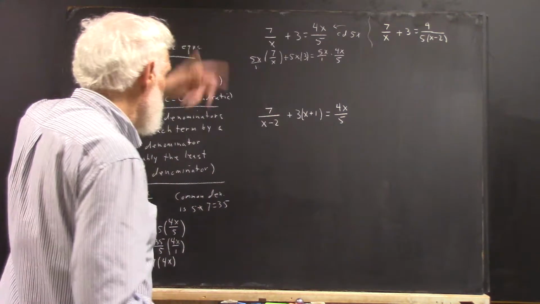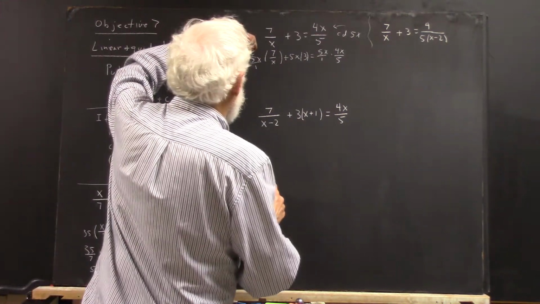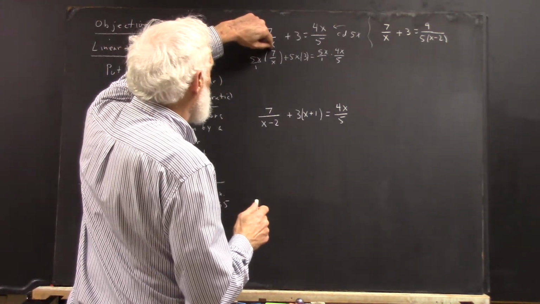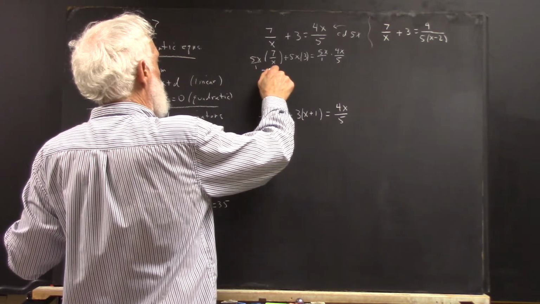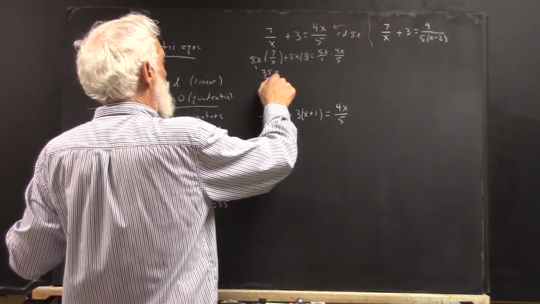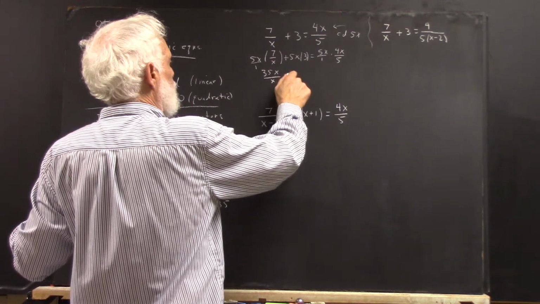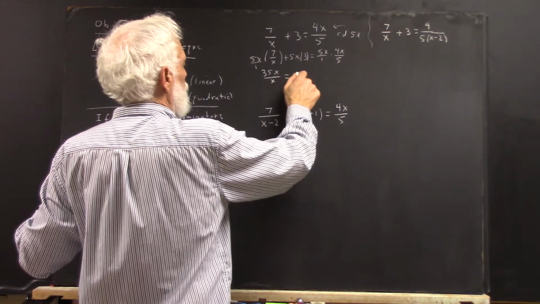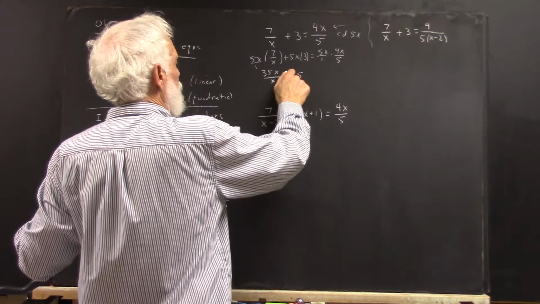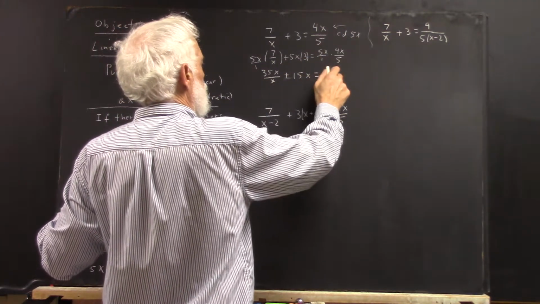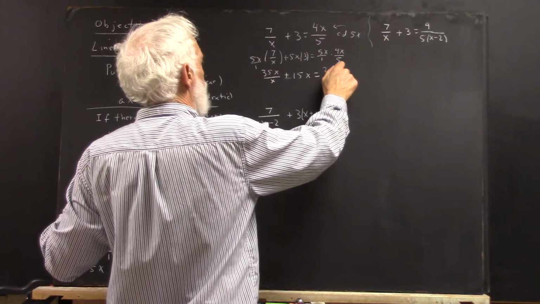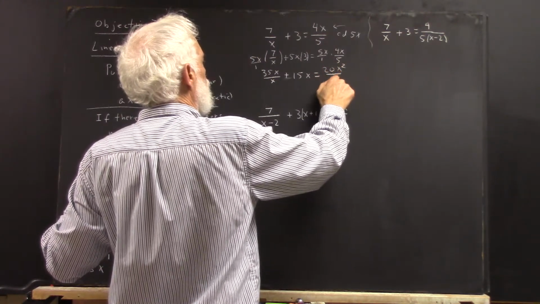Well, using what we know about fractions, we know this is going to be 35x over x. And this is plus 15x. And that's going to be what? 20x squared over 5.